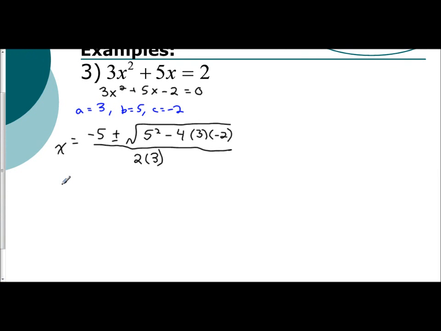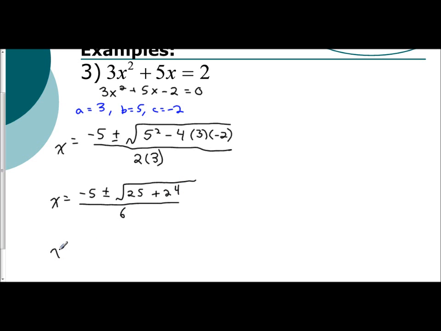So x equals negative 5 plus or minus the square root. 5 squared is 25. Negative 4 times 3 times negative 2. Negative 4 and 3 is negative 12. Times negative 2 is a positive 24. 2 times 3 on the bottom is 6.